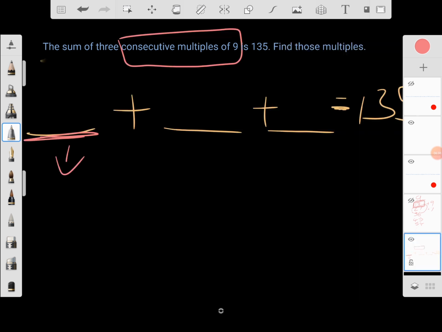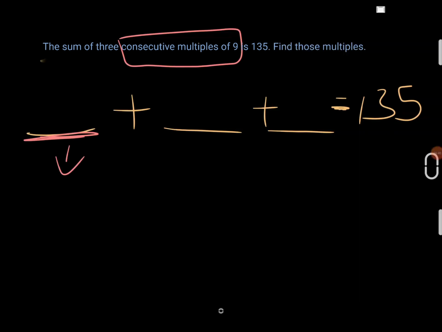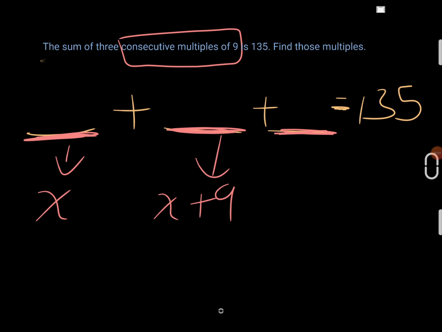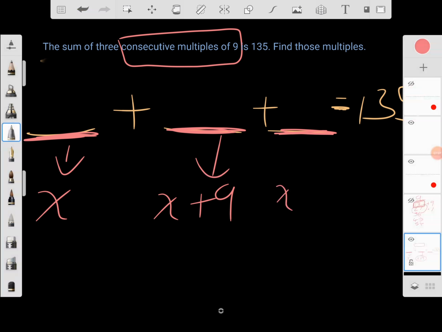Something that I don't know, I'll call it x. Now the next number is the next multiple of 9, so it is x plus 9. And the next number is the next multiple of 9, that means this number plus 9. This is the second number plus 9, or I could call it x plus 18, because x plus 9 plus 9 is x plus 18.